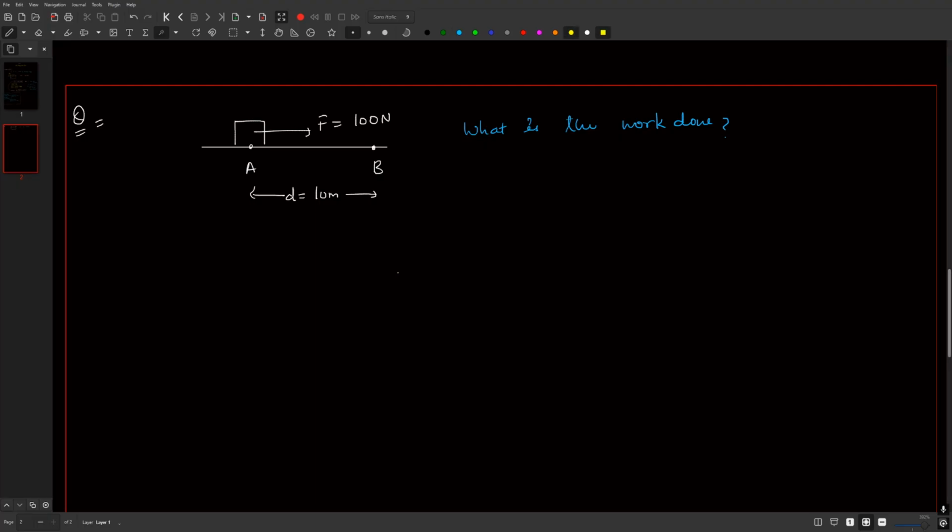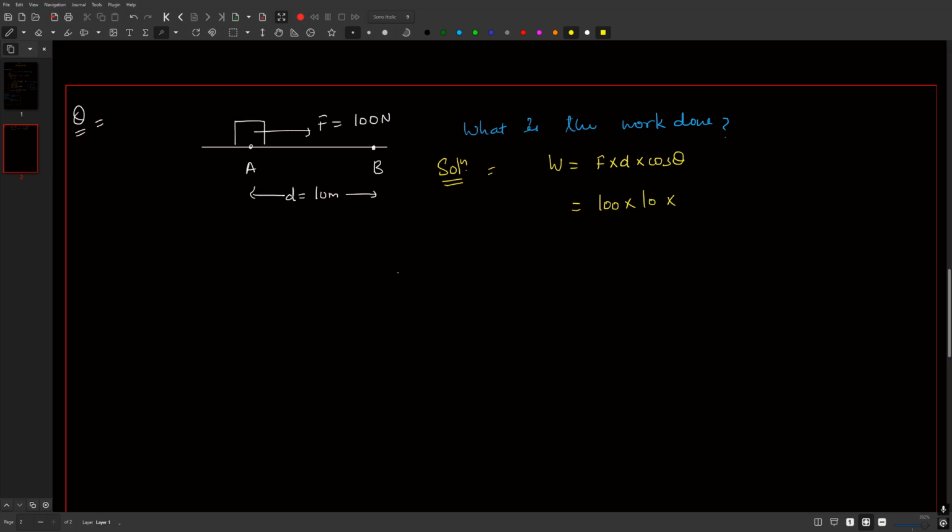So you can pause the video and give me your answer. So work done is force times displacement times cosine theta. Now force is 100 newtons, displacement is 10.